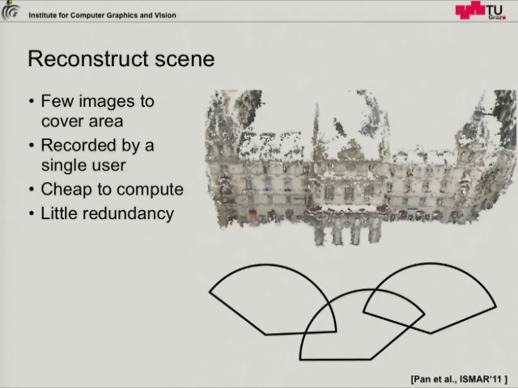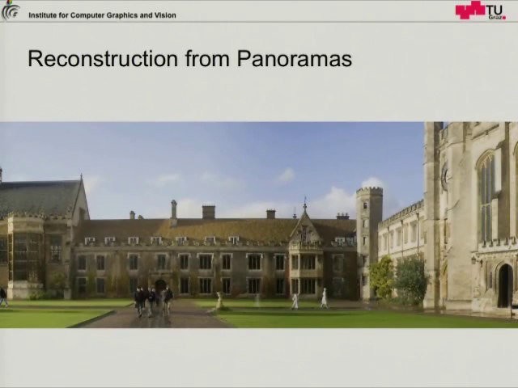Instead of taking a lot of images to cover a certain area, we just have 3-4 locations where we capture very wide angle panorama images, and then run a basic reconstruction pipeline. There's a trade-off in that we don't capture so much redundant information between different viewpoints. We are limited to fewer viewpoints, but we can get it to work and have reasonable reconstructions.